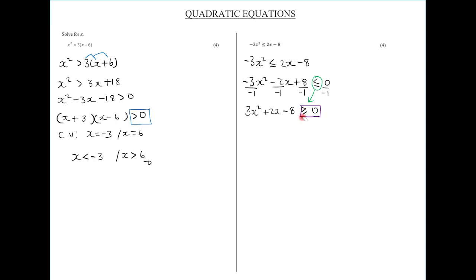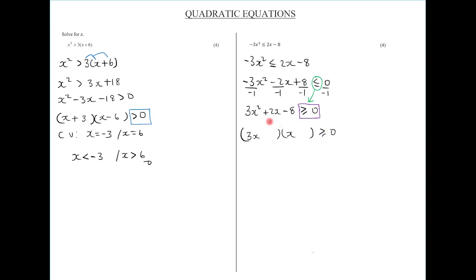Alright, so let's go ahead and continue with that. Now here we need to factorize. So factorizing, when I have 3x and x, we need factors that will give us 2.